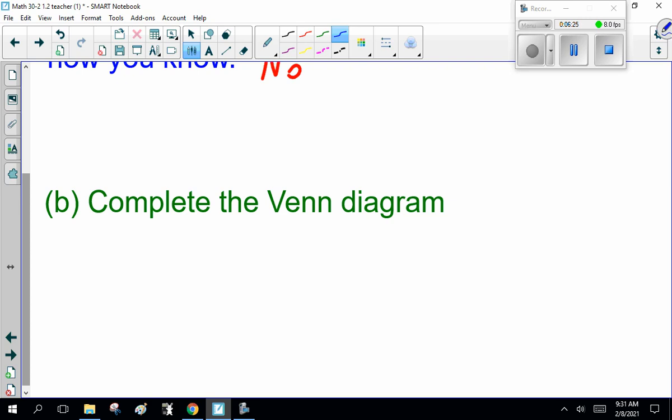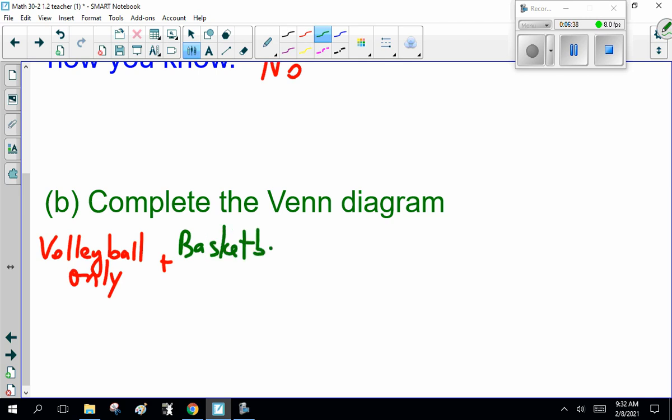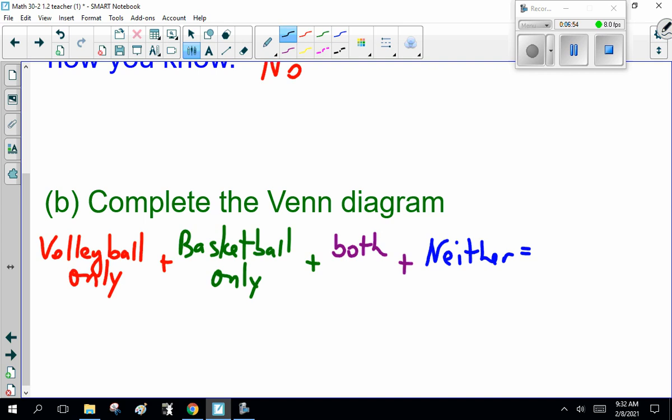The fancy way is volleyball only, plus basketball only, plus both, plus neither, equals the total. Now notice this, it's volleyball only, basketball only, both, and neither.